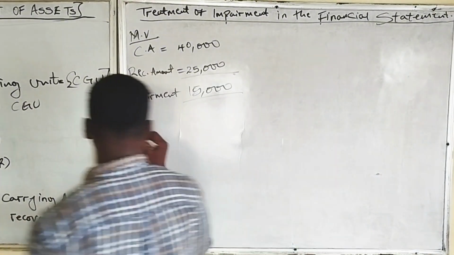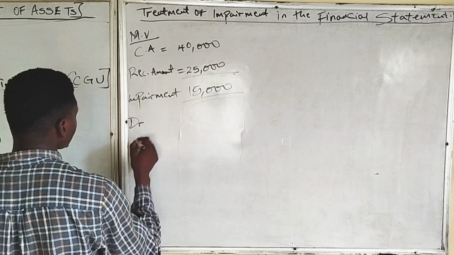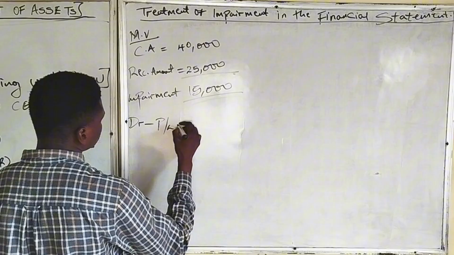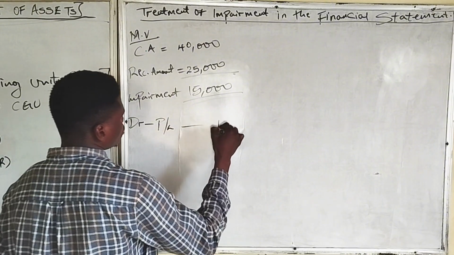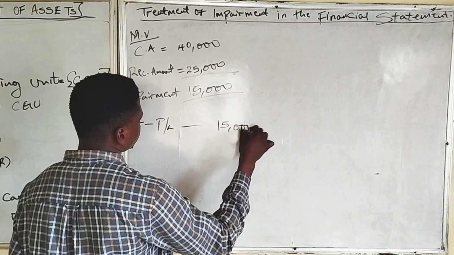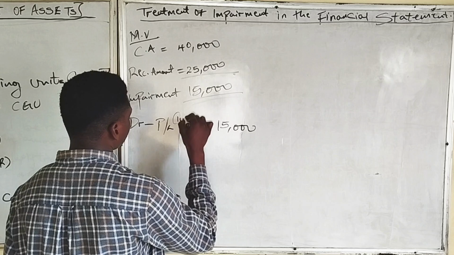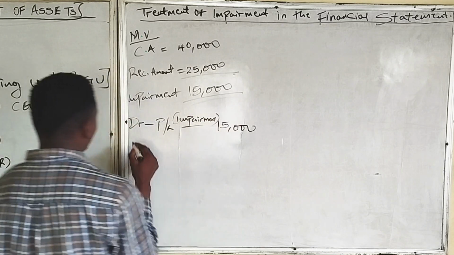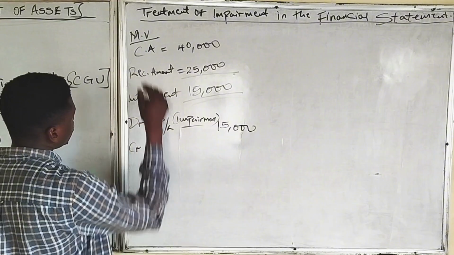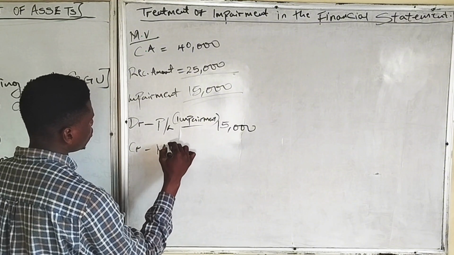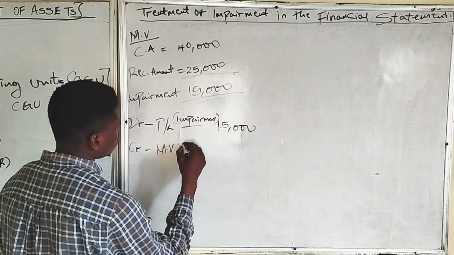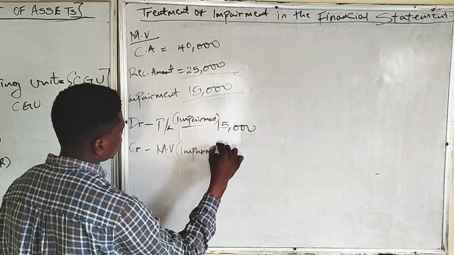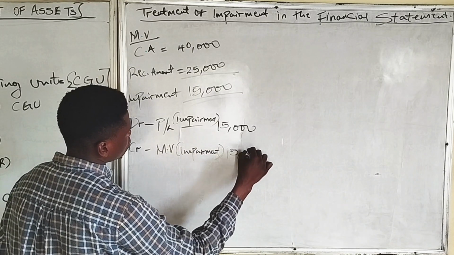So we debit profit or loss by 15,000, which is impairment. Then we credit motor vehicle itself, impairment, 15,000.